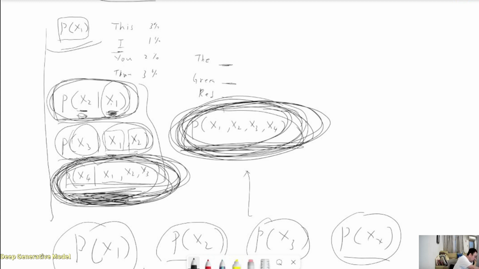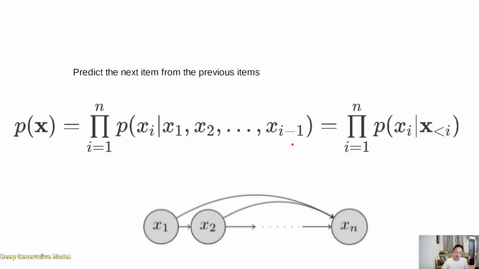Okay, so let me go back to the slide. In this sense, the phrase autoregressive means that we are taking this approach. We are not using some more fancy or advanced processing.